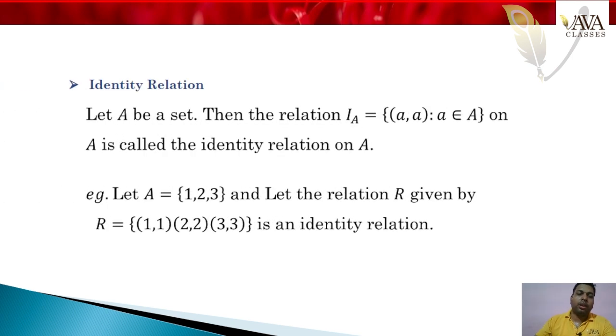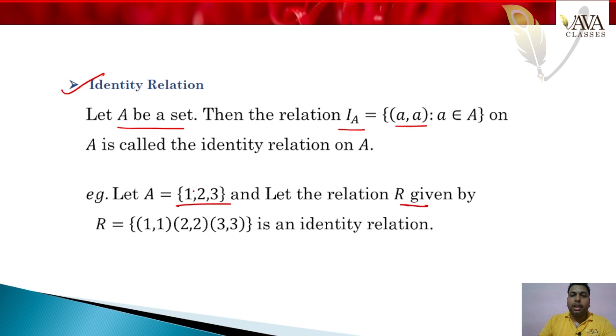Now we'll discuss the identity relation. Let A be a set, then the relation I_A equal to the pairs (a, a) such that a belongs to A is called the identity relation on A. Let A equal {1, 2, 3}. Let the relation R be given by R equal to {(1,1), (2,2), (3,3)}. This is an identity relation.